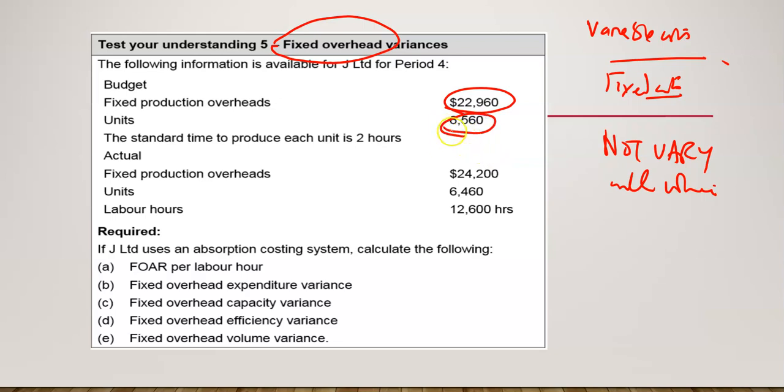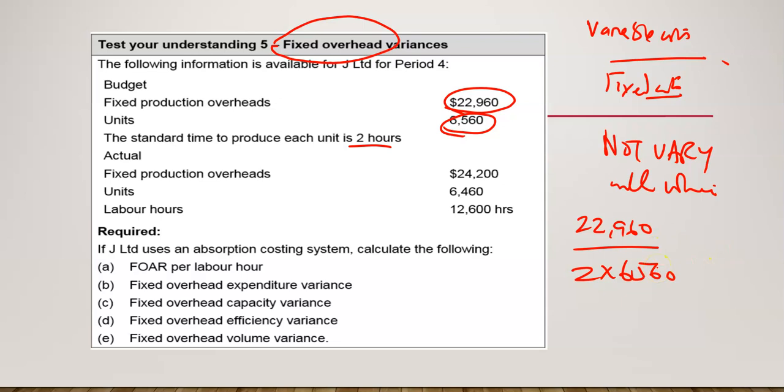So we can assume that if we spread this cost over these units, or do a fixed overhead absorption rate, we believe that we're going to have 22,960 and a total of hours, based on the standard time to make each unit. So we can spread these costs over those number of hours.